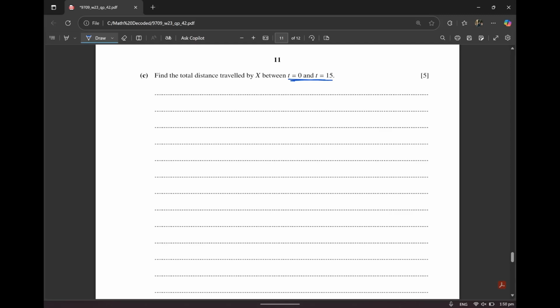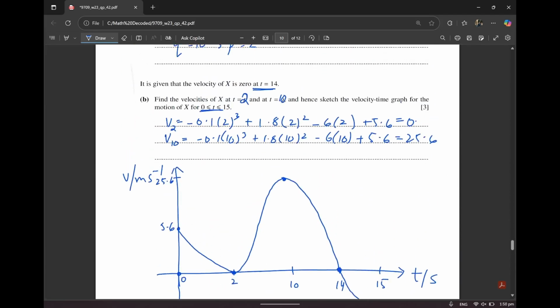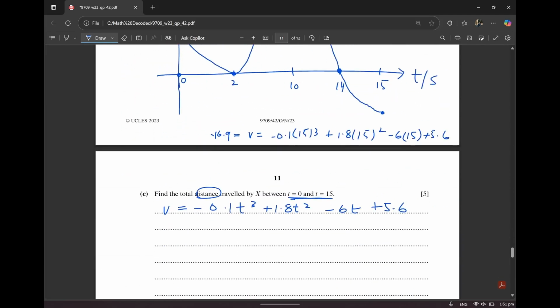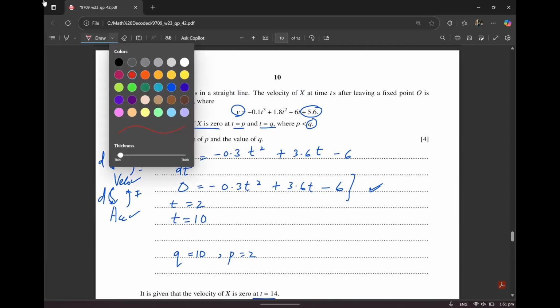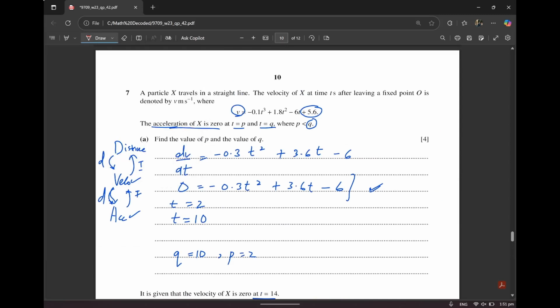All right, so the equation I was given was a velocity equation. Let me write it down here again. I was given a velocity equation. They want me to find out the distance. Let's see what I have to do for this. So velocity is given to me. I just use a different color. I need to find out the distance.